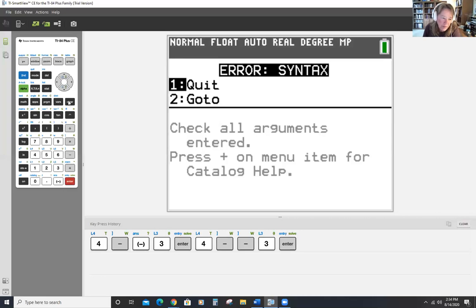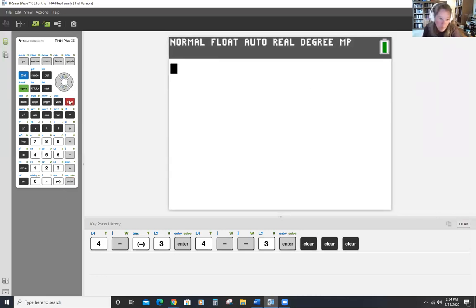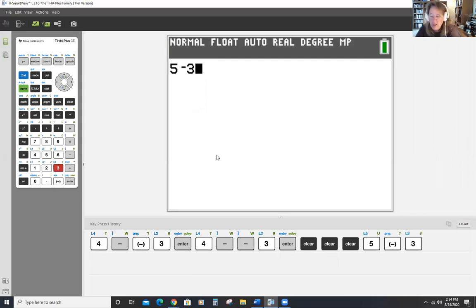So if this pops up, it just means you entered something wrong. Let me show you what else can go south on these. Let me go ahead and clear it out. Let's suppose we did 5, and we meant to do 5 minus 3, but we used the negative sign instead. It looks on your calculator like you typed in 5 minus 3, but look what happens.